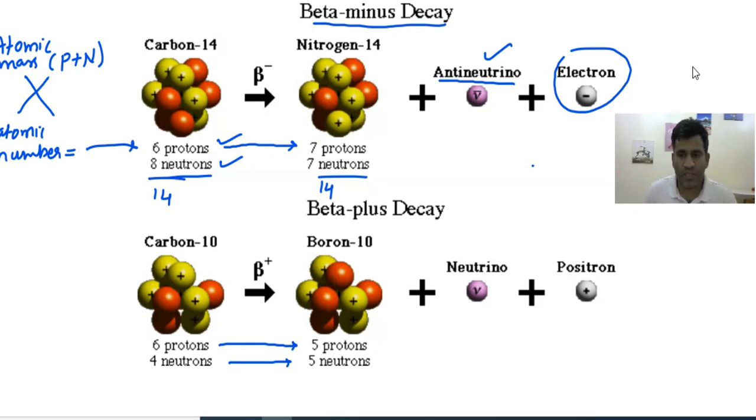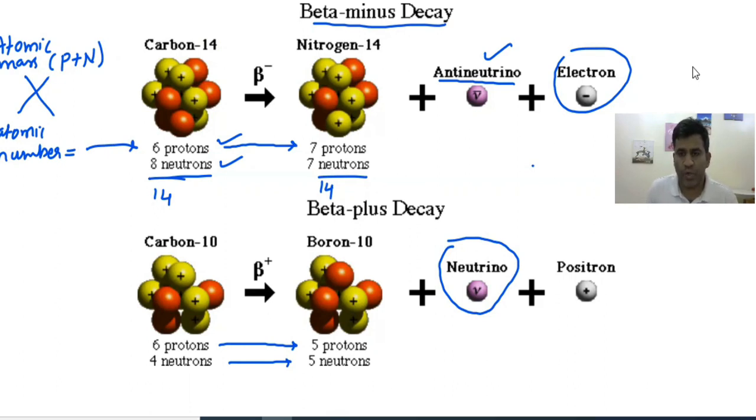And during this process, instead of emitting the electron, a positron is emitted. Along with that, a chargeless particle, which in the beta plus decay we call neutrino. Neutrino is the chargeless particle which is emitted during the beta plus decay, and antineutrino is the chargeless particle which is emitted in the beta minus decay.